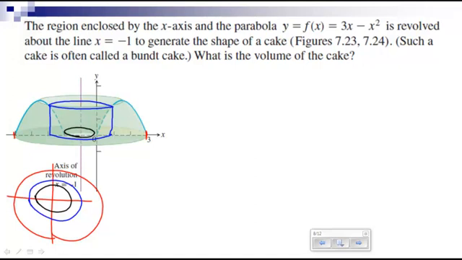All right. So let's talk about the cylinder that's embedded in the cake for a second. The cylinder can be thought of as an area. I take the cylinder and I unwrap it. The cylinder looks like an area.